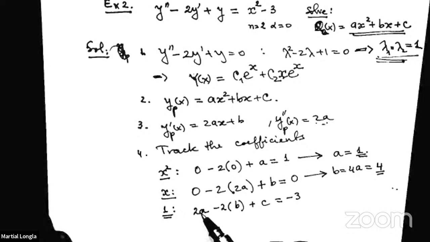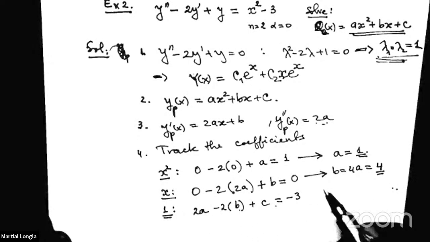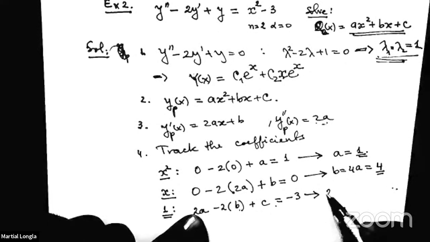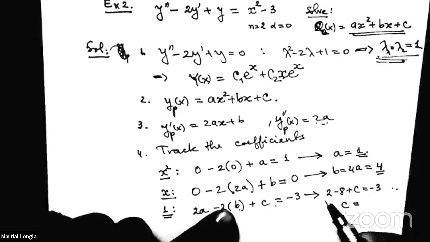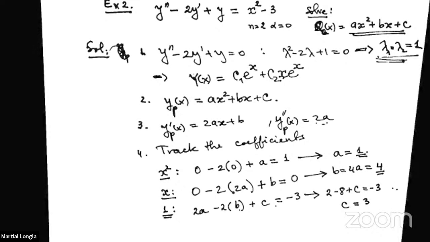So you know a, you know b, so you use them to get c. Right here, that's going to be 2 minus 8 plus c equal -3. So c equals -5 plus 8, 3, right? Am I correct? Yes. So that's what we get.